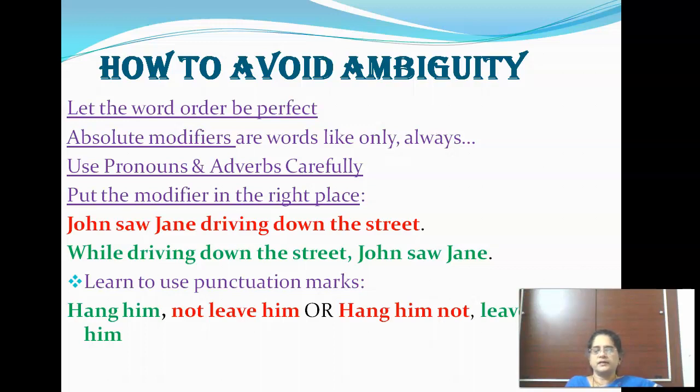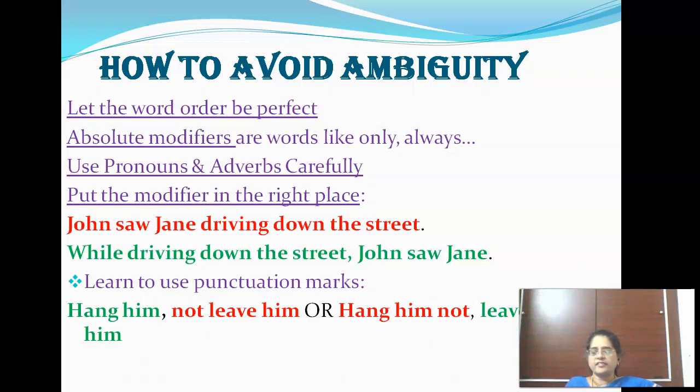For example, you can use absolute modifiers like only, always, so that there is clarity in what you wish to say or what you want to write. Then in the case of pronouns and adverbs, we need to pay special attention because they cause ambiguity. So let us learn to use pronouns and adverbs very carefully.